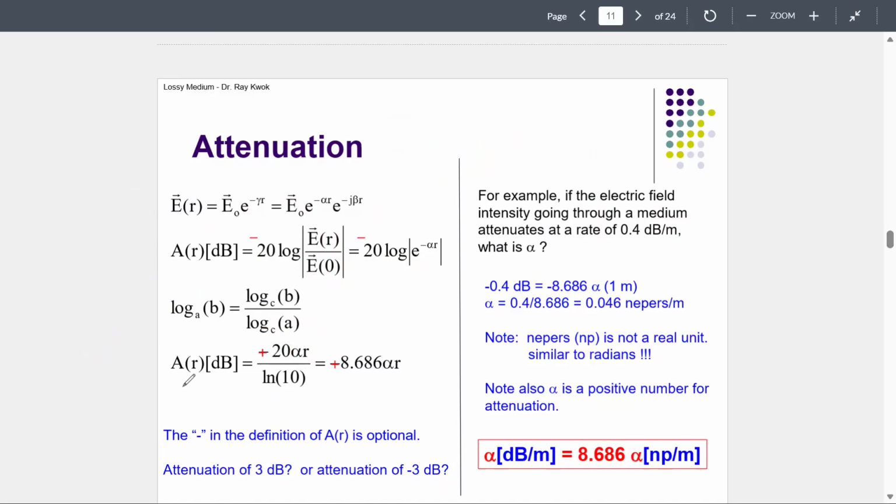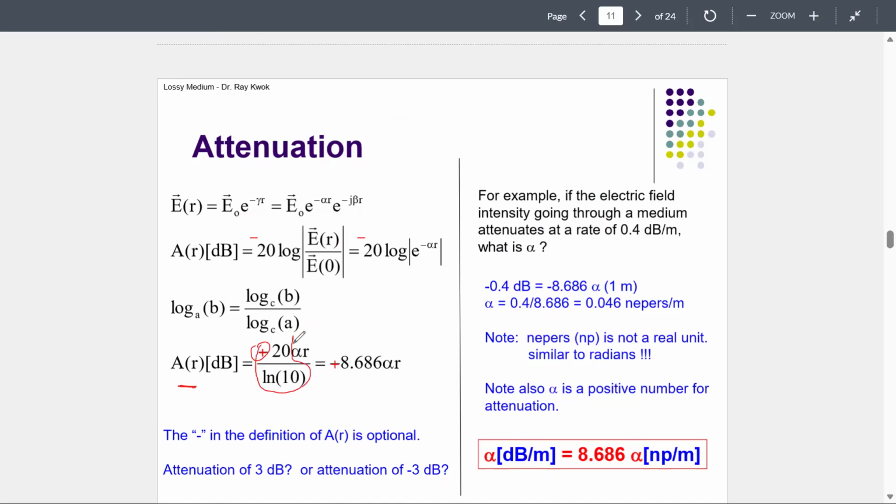So when I say attenuation, a lot of times I change it to a positive number, because the word attenuation already implies a loss of amplitude, so I don't need to double count the negative. Some people like to keep the negative. I'm okay with it in this case. If you want to leave it, I'm not going to take points off, but most people would just change it to a positive number.